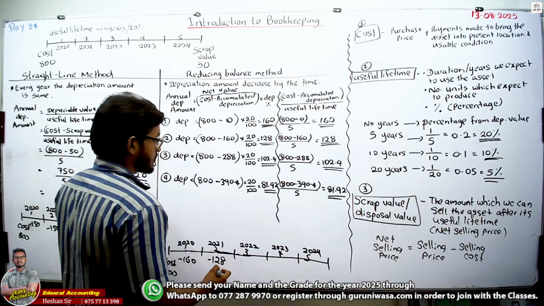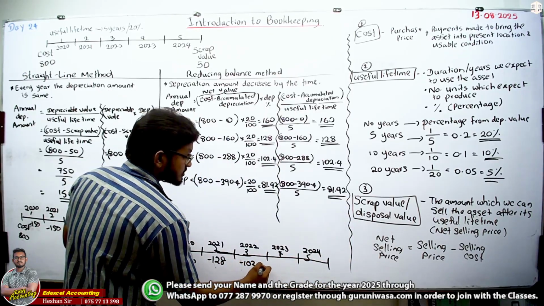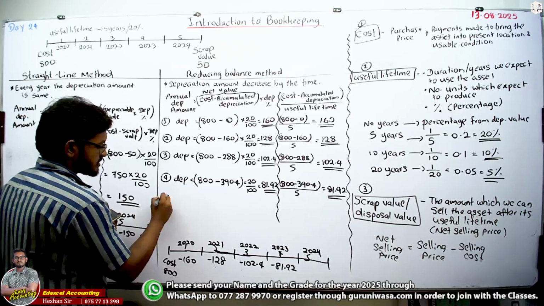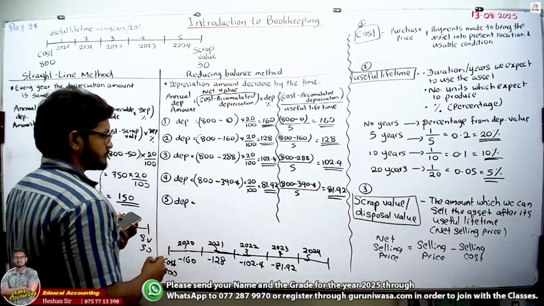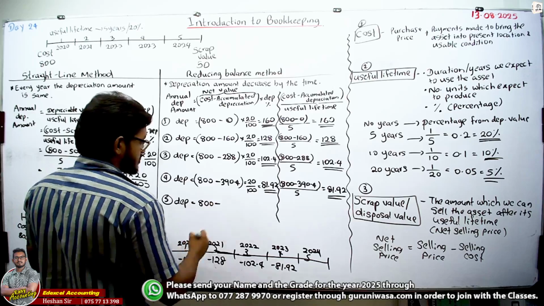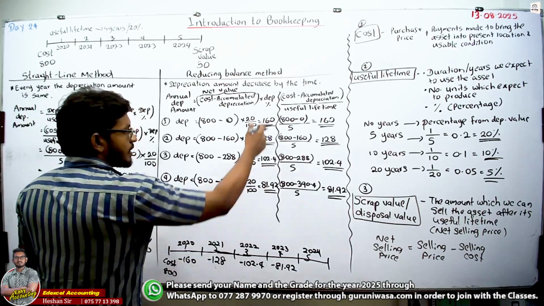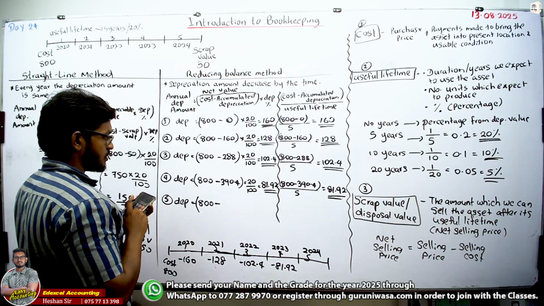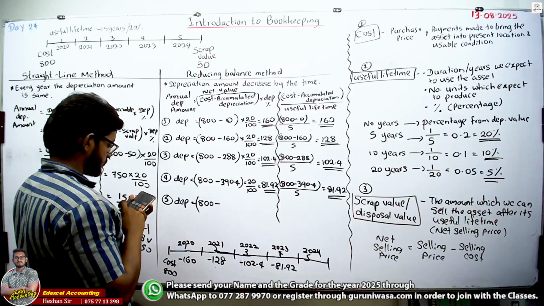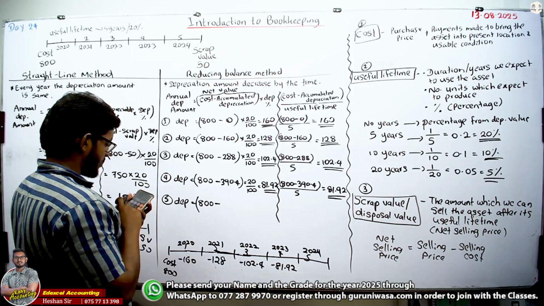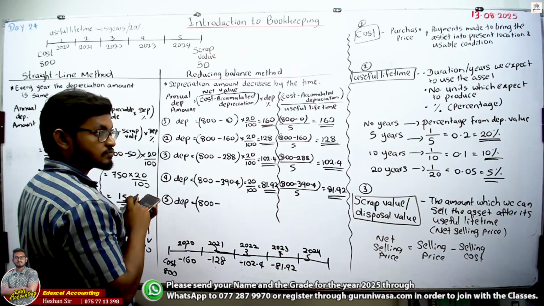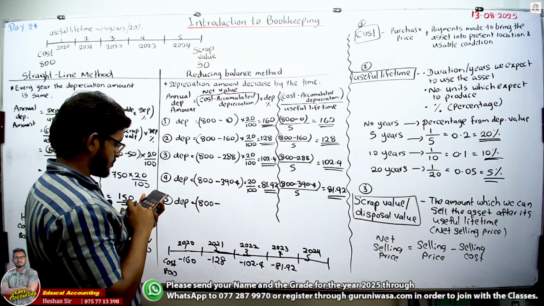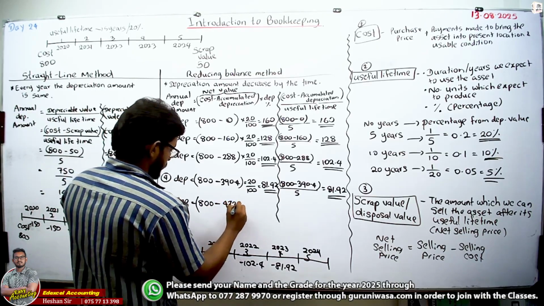Third year 102.4. Fourth year 81.92. Let's take the last year: 800,000 minus 390.4 plus 81.92, which is 470.4.